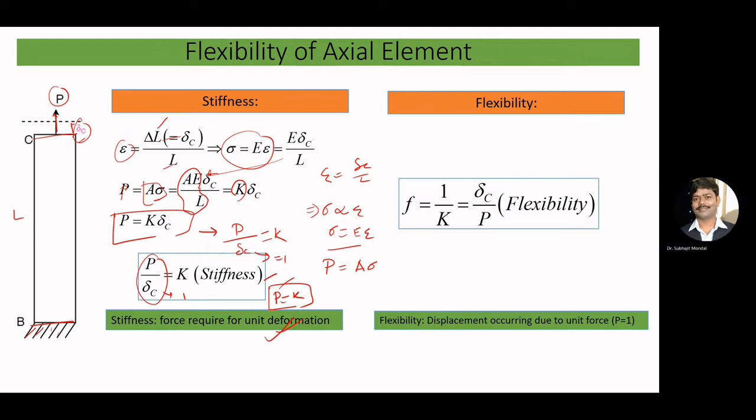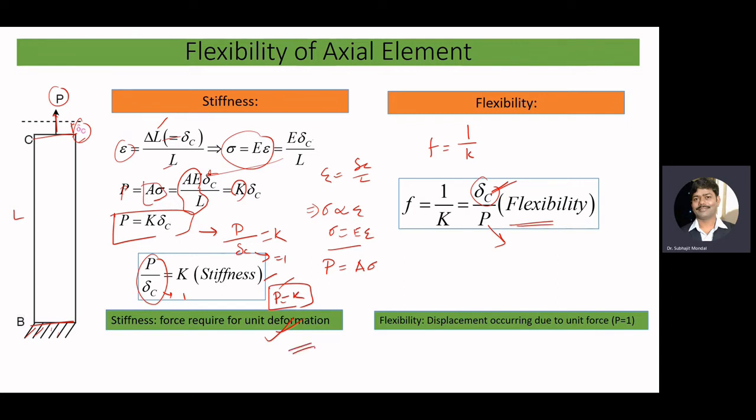Now we know the flexibility is equal to 1 by K. If F is the flexibility, then F is equal to 1 by K, so we get delta C by P. So flexibility is the displacement occurring due to the unit force.